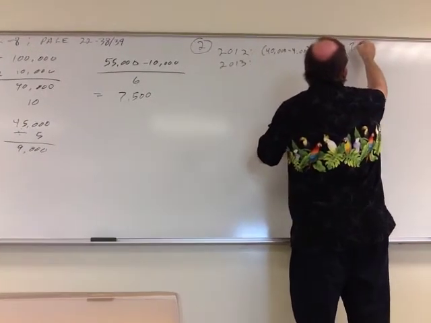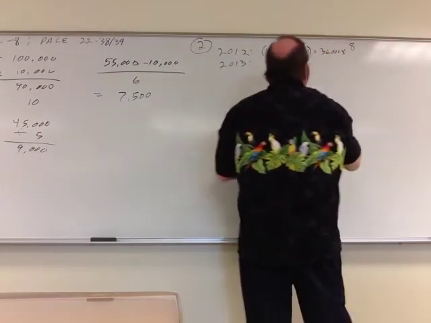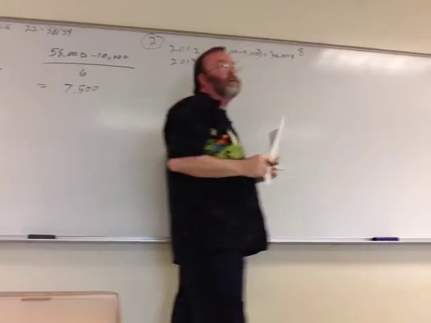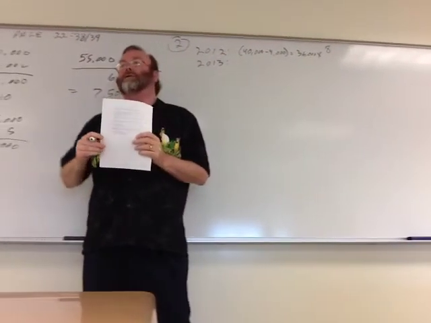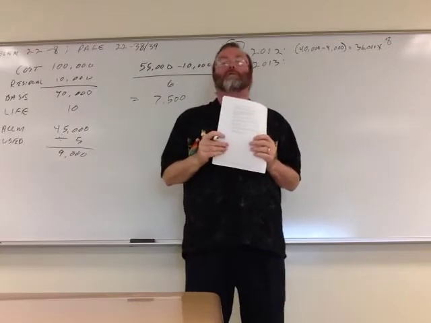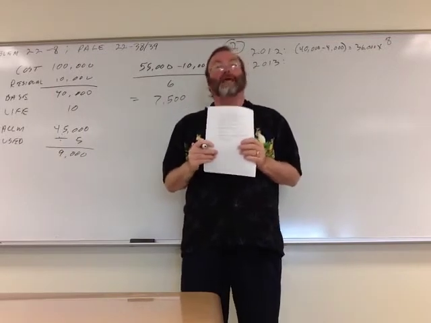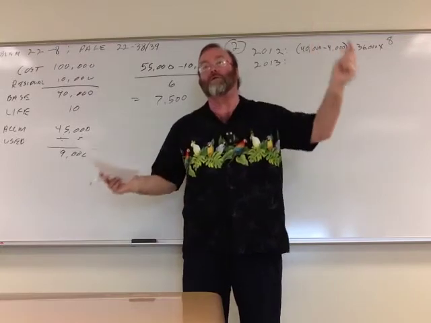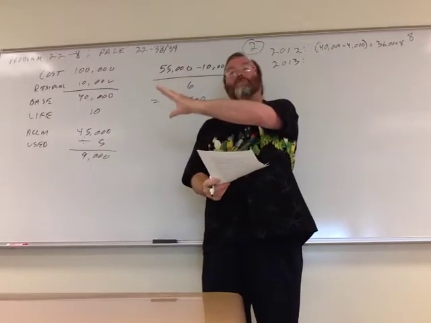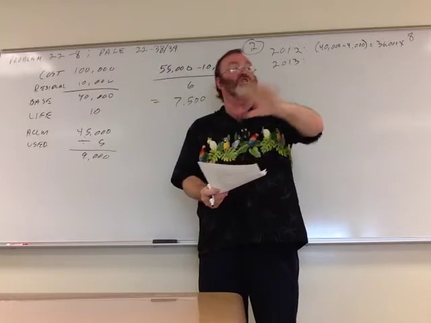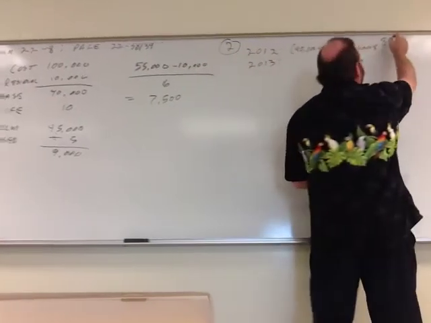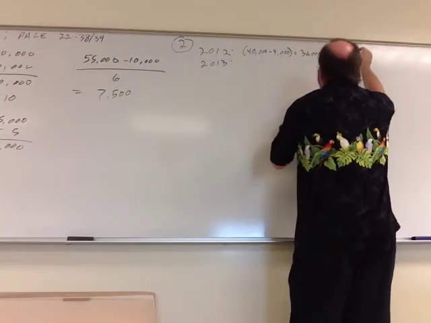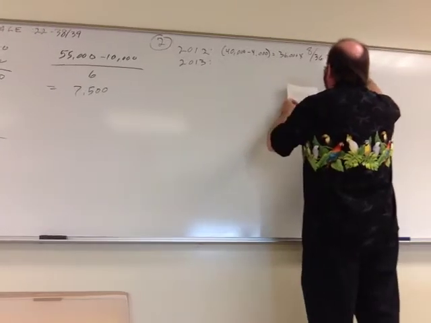times 8. What's the base on sum of the year's digits? What's the formula? N times n plus 1. So 8 times 9 equals 72 divided by 2, 36. So 8 over 36, or 8,000.